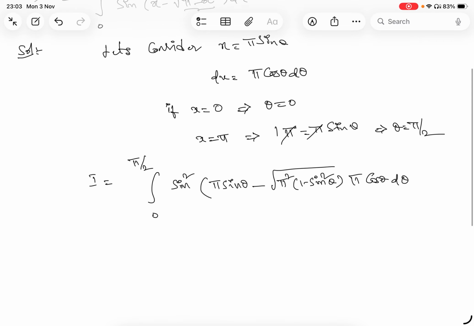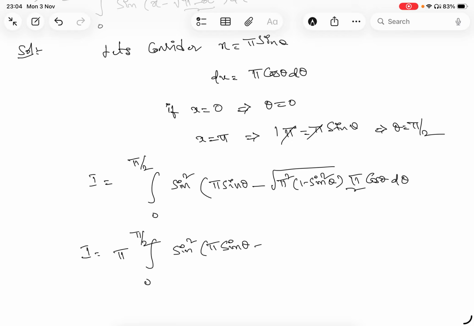Fine. Now I is integral 0 to pi by 2. Let's bring this pi out of the integral. Right. Then this is sine square of pi sin theta.